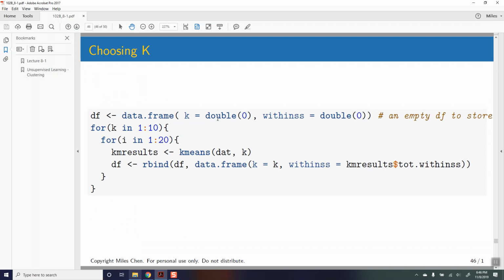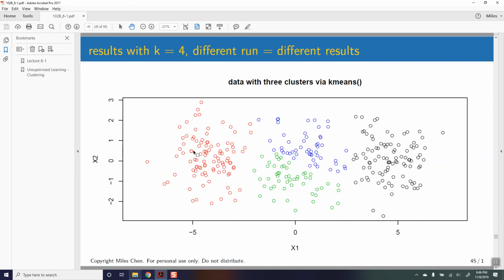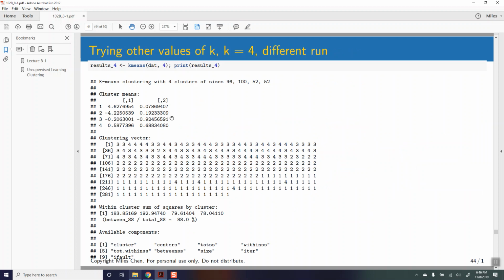When you run k-means in R, it spits back a whole bunch of results. It spits back your between sum of squares, your within sum of squares, and basically the leftover variation is the within sum of squares.